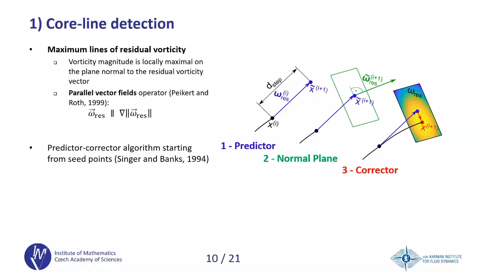So you do a correction in that plane to the maximum of residual vorticity. And this way you proceed along the core line. The advantage of this algorithm is that you will not get a set of individual points which you have to connect, but you already have the core line as a feature, right?